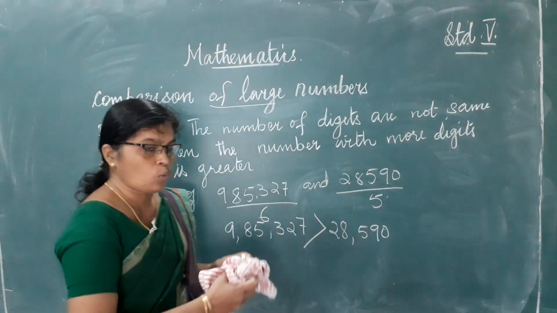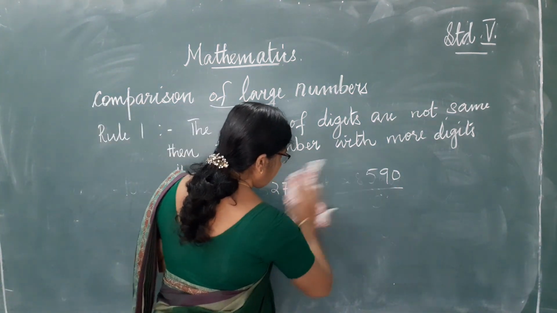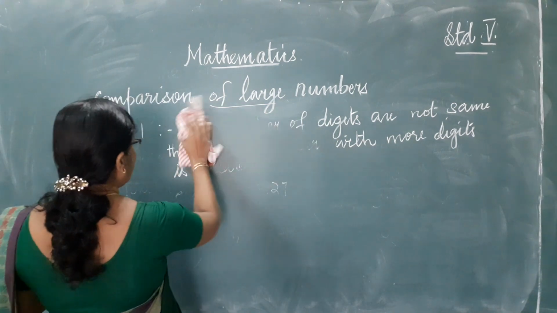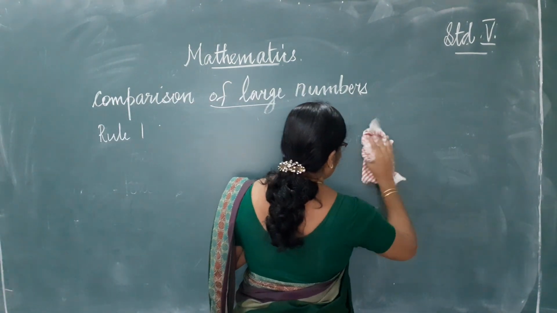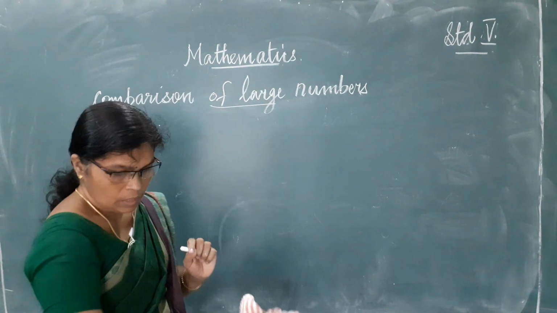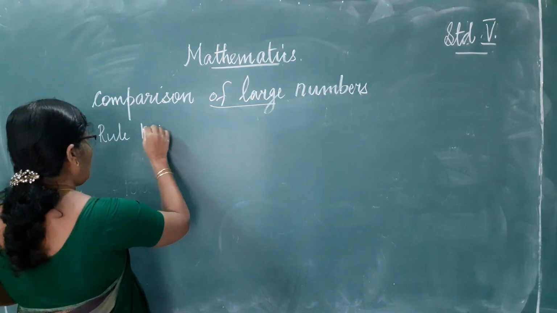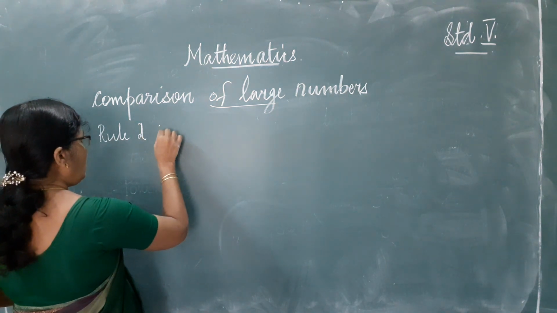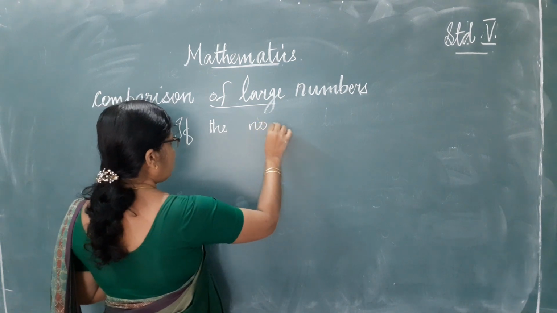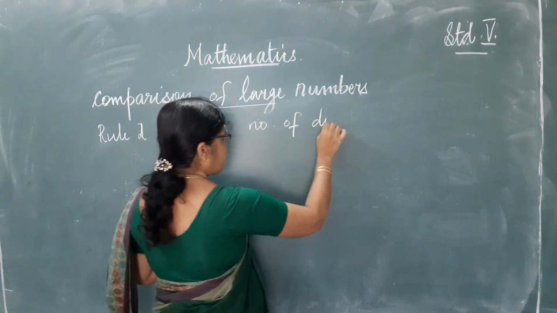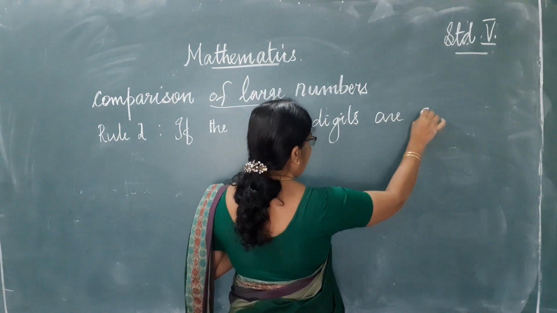Now the second rule. Rule number 2: if the number of digits is the same.